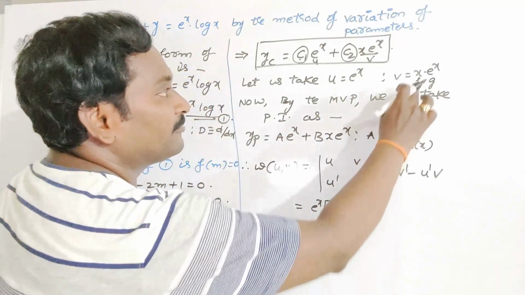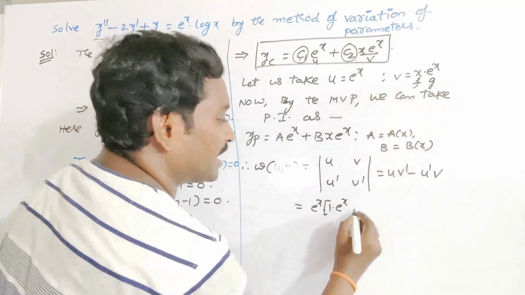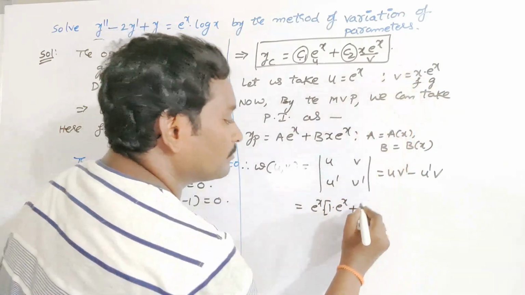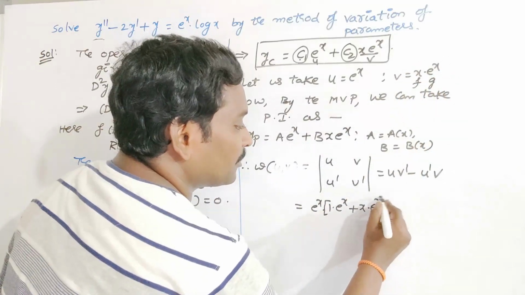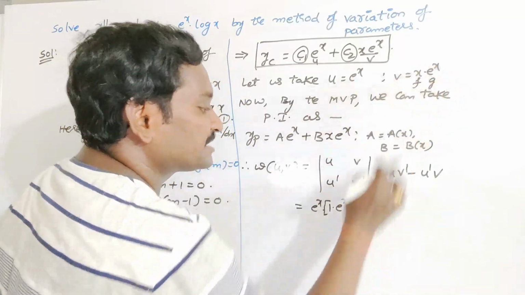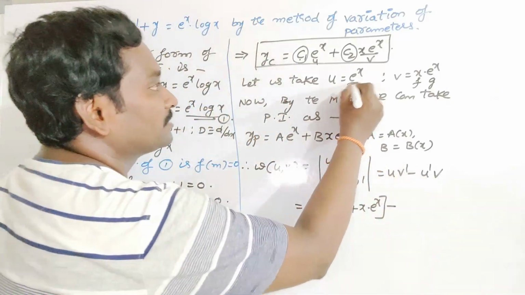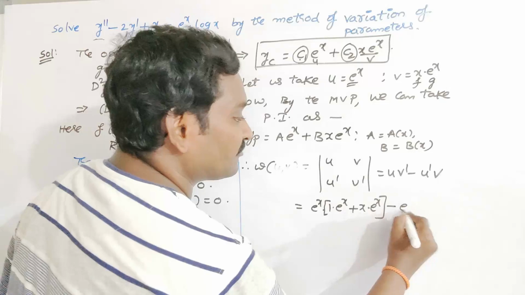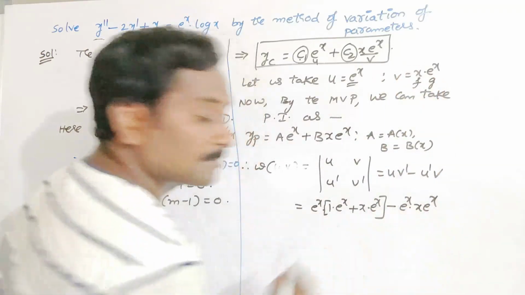So in the bracket, the derivative of the first function is 1 into the second function, plus the first function x into the derivative of the second function, which is e power x, because the derivative of e power x is e power x itself. Minus u dash: what is u dash? The derivative of e power x is e power x itself, into v, x into e power x.